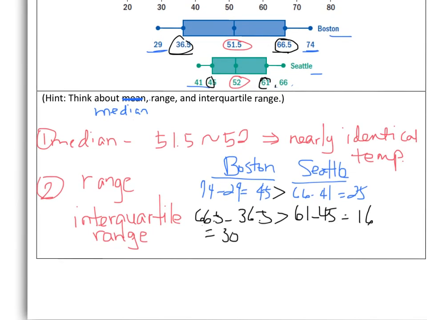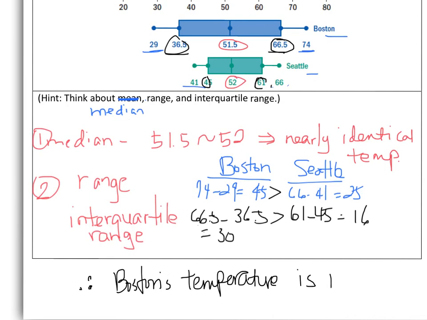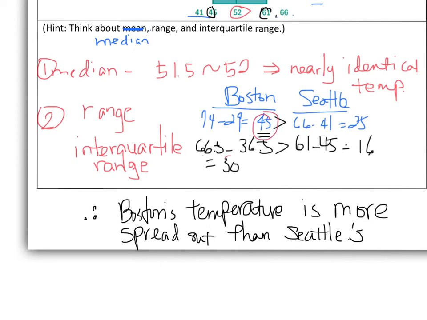And therefore we can say Boston's temperature is more spread out than Seattle's, because both the range and the interquartile range are bigger.